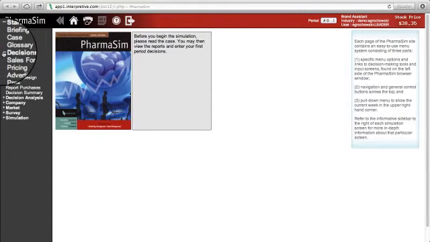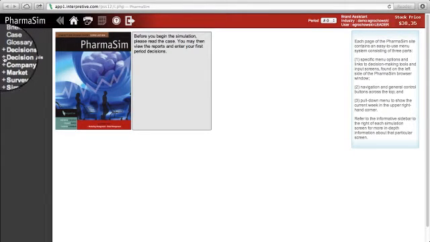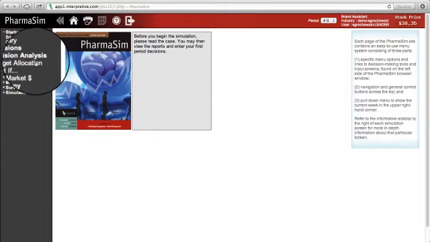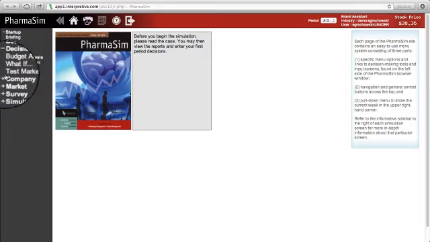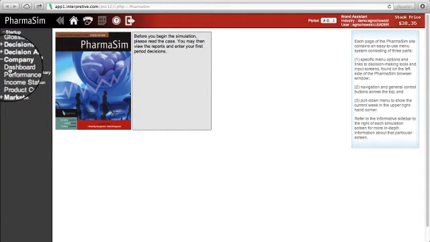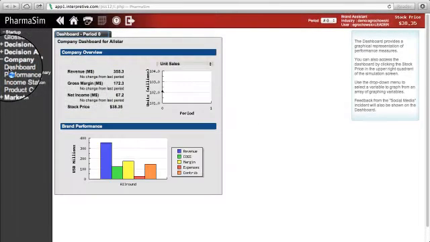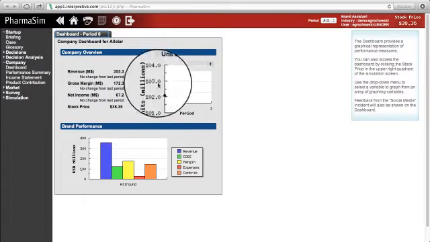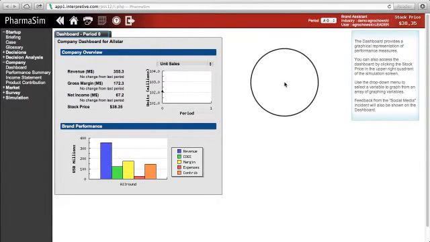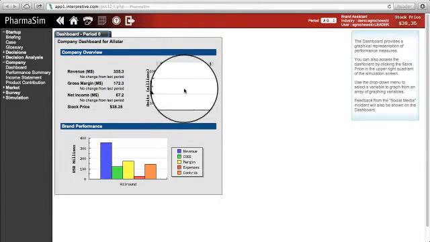Now, a couple things that you want to look at before you start making a decision. First thing we want to look at is under company. You'll see that there's a link here called dashboard. If you click on the dashboard, this gives you some basic information about your product.